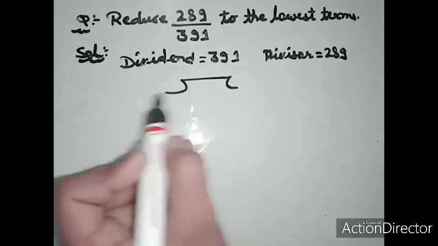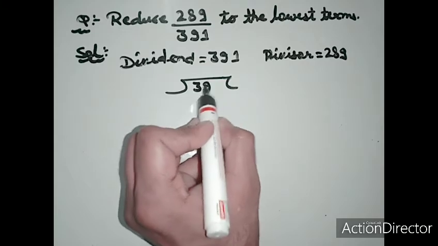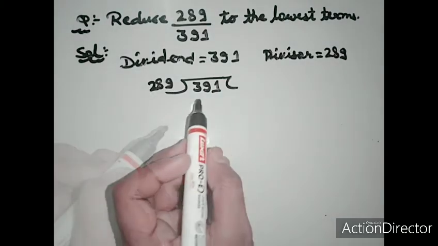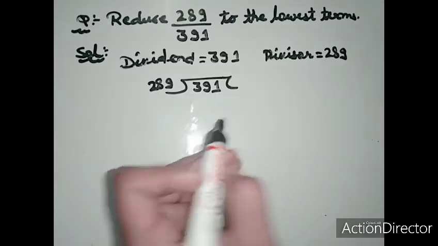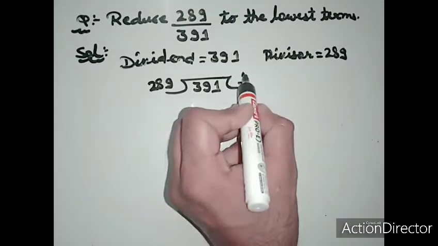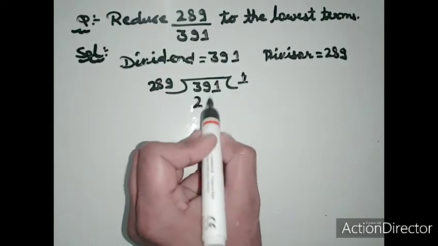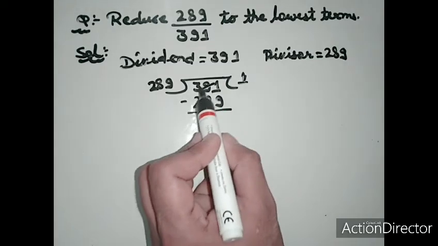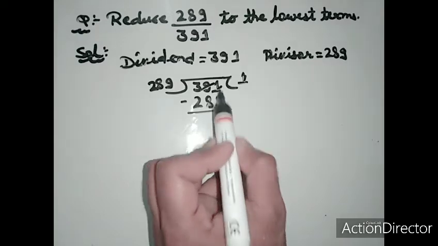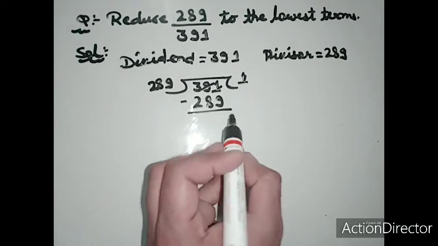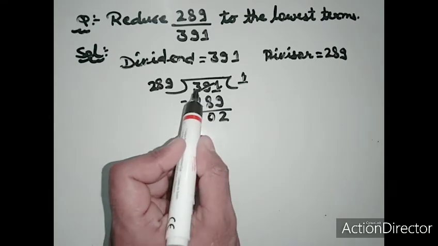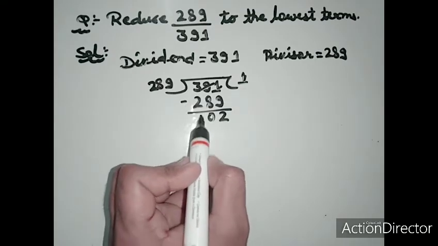And use here the continuous division method. 391 by 289 one time, 289. Now here we take one borrow from here, so this number changes into 11 and 11 minus 9 is 2. Now 8 minus 8 is 0 and 3 minus 2 is 1.